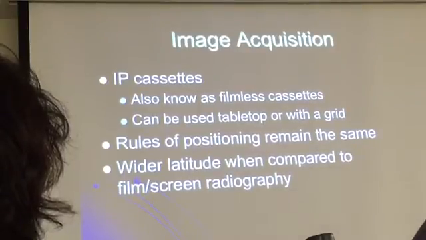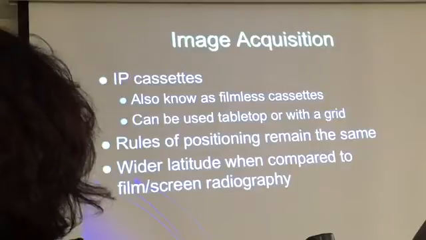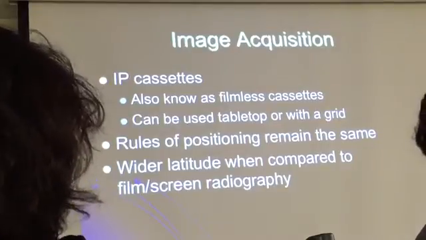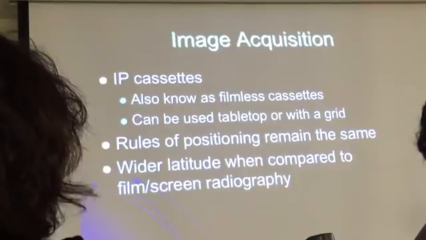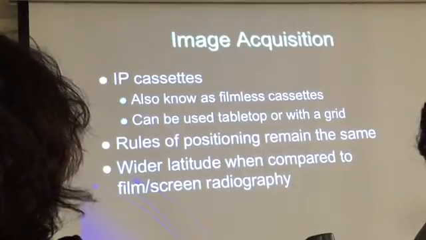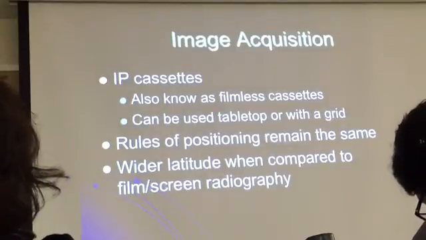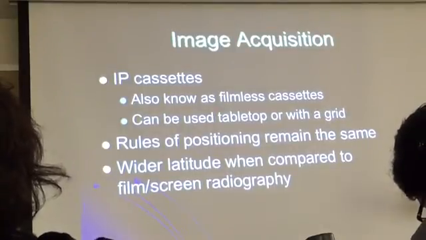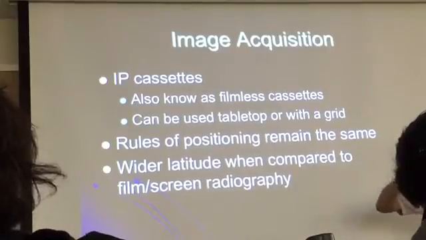One thing to recognize too with CR imaging plates is that they have a wider latitude when compared to film and screen radiography. Wider latitude for what? Density, highlights, shadows, contrast. The system is capable of showing an infinite number of shades of gray.